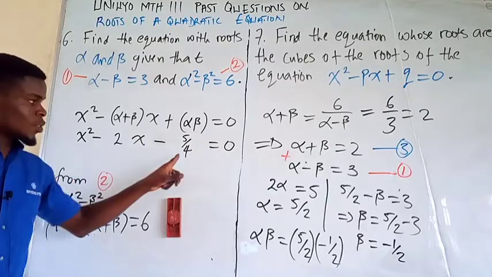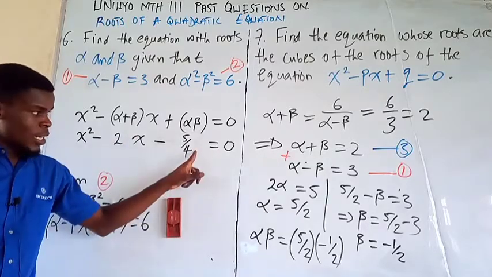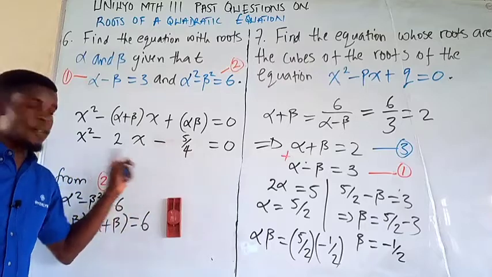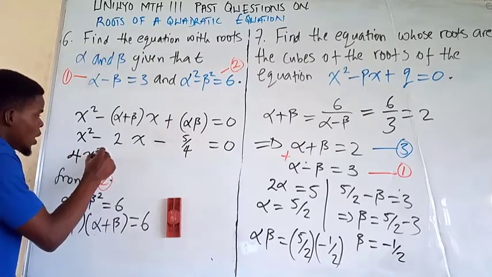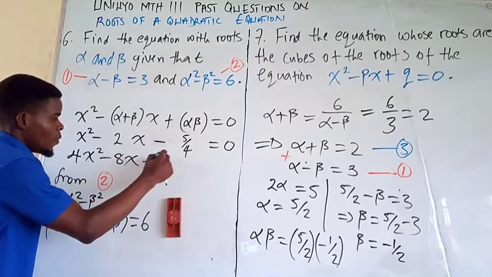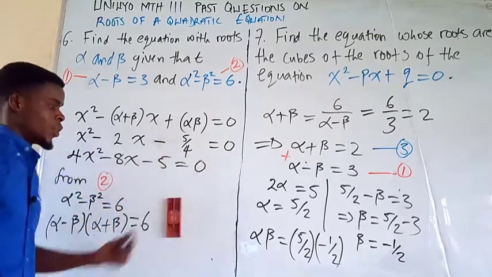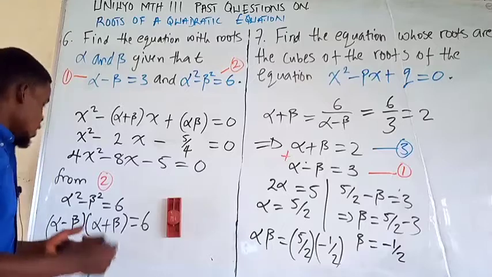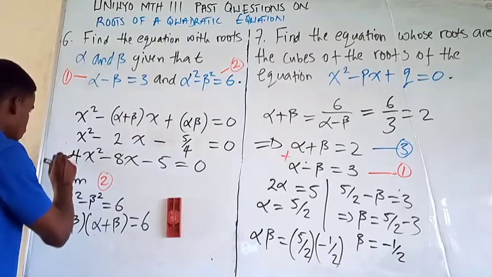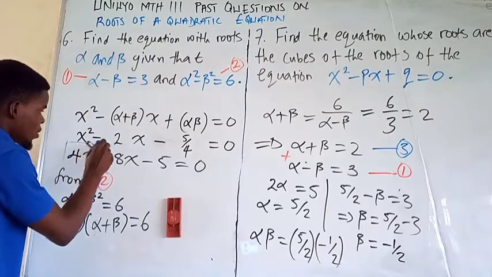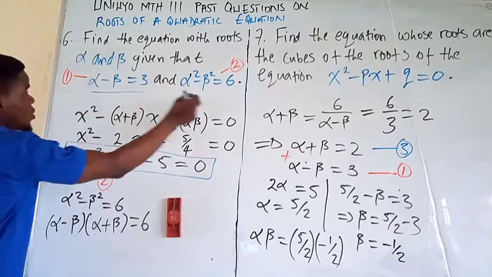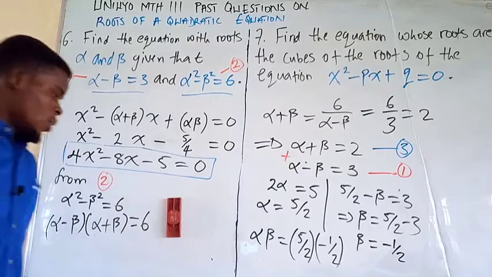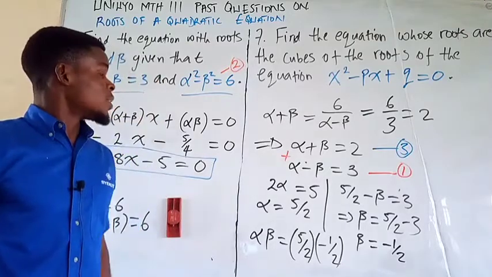Because of that, I would like to multiply through by 4, so that the denominator here will just be 1, just like every other term. So by multiplying through by 4, I will have 4x squared minus 8x minus 5 equals 0, because 0 times 4 is just 0. Okay, so this is the equation that I will be required to find given the two conditions for alpha and beta. Okay, well, that's very nice.